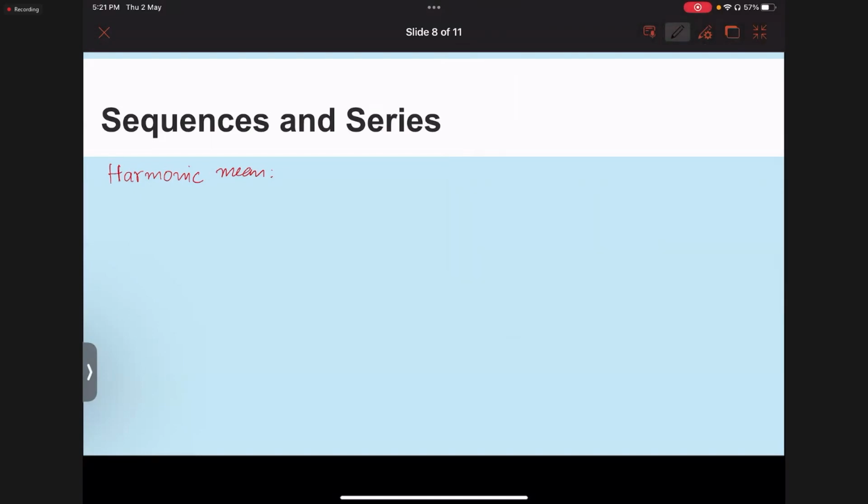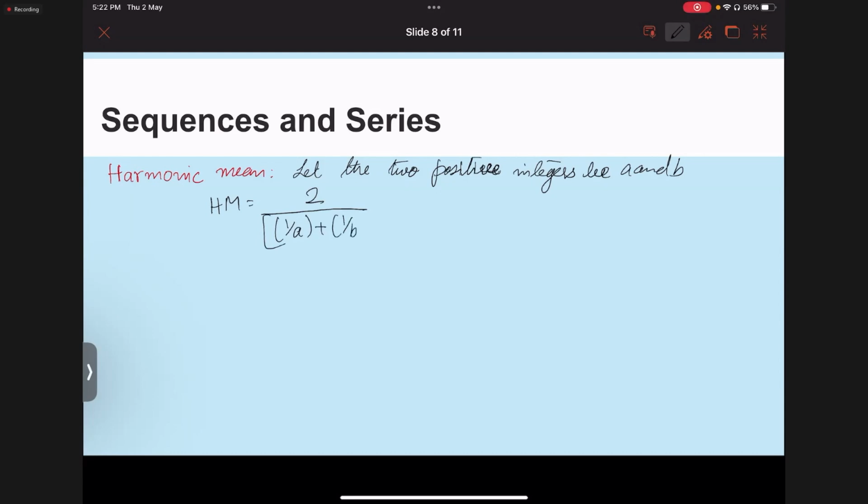So what is your harmonic mean? Let the two positive integers be A and B. Your harmonic mean is calculated as 2 divided by (1 by A plus 1 by B).